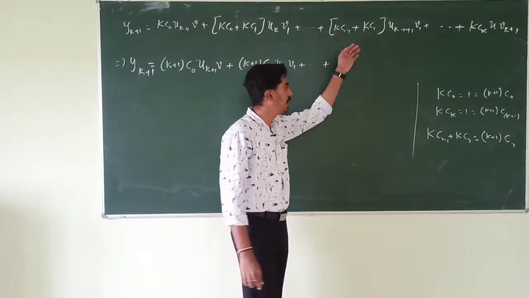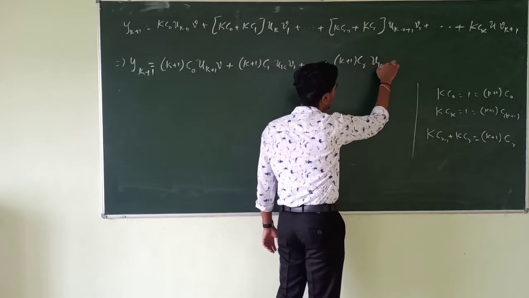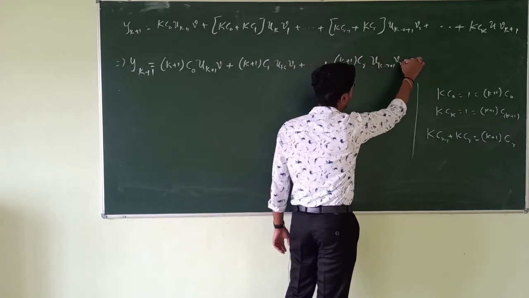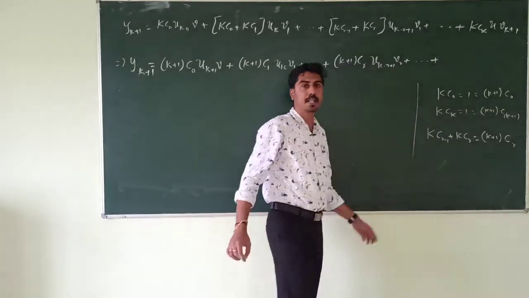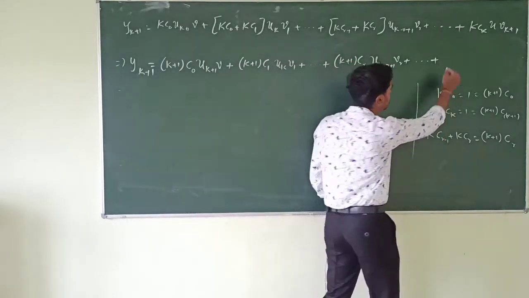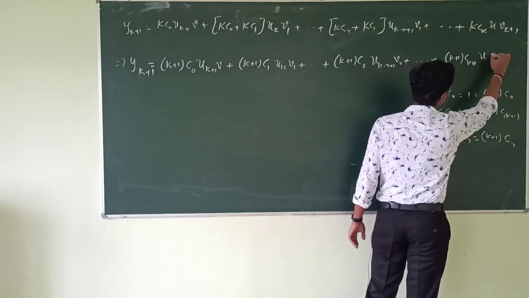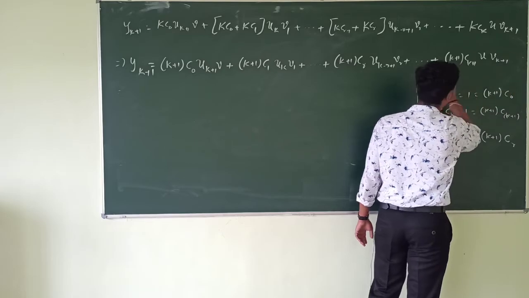This is nothing but k plus 1 cr, uk minus r plus 1 vr and so on. And the last term will be kck, which is nothing but k plus 1 c k plus 1, u vk plus 1.